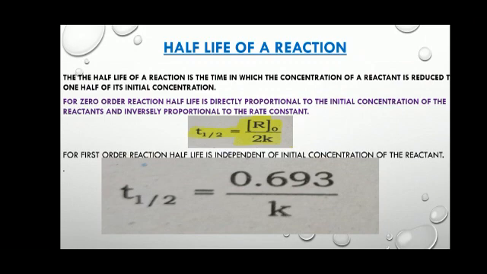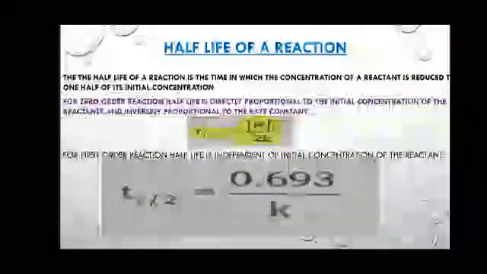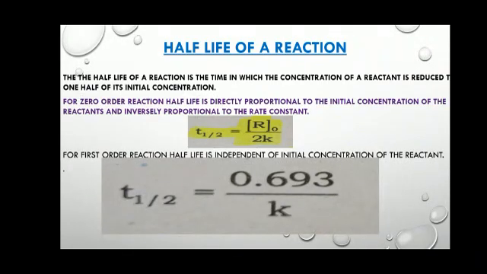Now, for first order reaction, half-life is independent of the initial concentration of reactant. Interesting. And it is verified by this expression, where you can see t half, that is the half-life of a first order reaction, is equal to 0.693 constant divided by k, the rate constant.